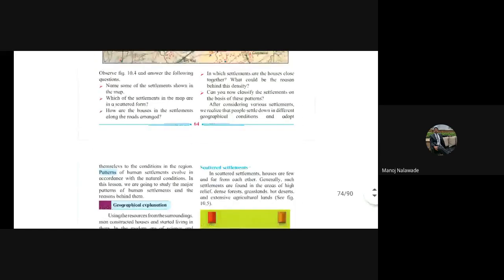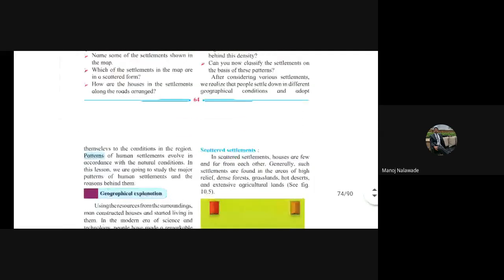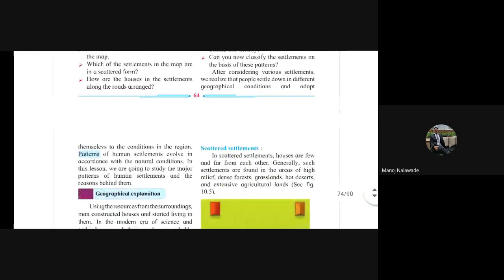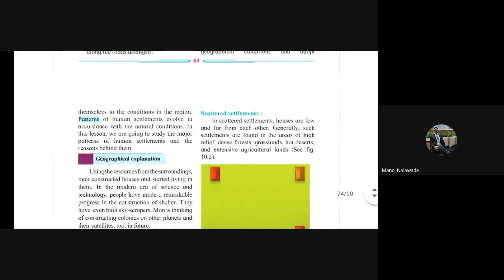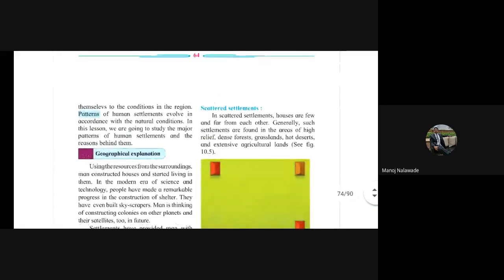After considering various settlements, we realized that people settle down in different geographical conditions and adapt themselves to the conditions in the region. I have also explained this to you. People adapt themselves according to the geographical conditions or climatic conditions of that region.